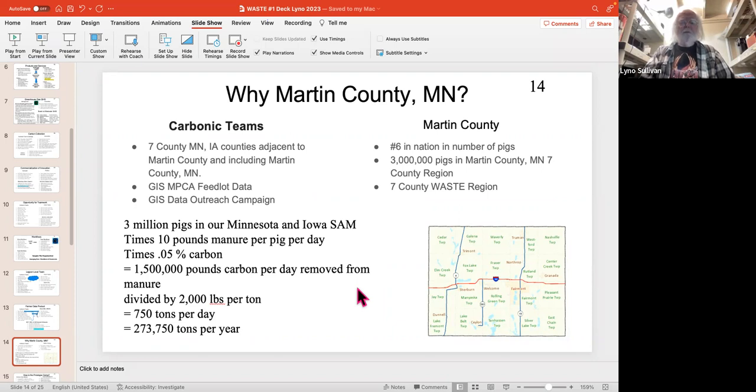Divided by 2,000 pounds per ton, I don't use metric tons anywhere because we live in the USA, that is 750 tons per day of carbon, 273,750 tons per year. And the question becomes, with that kind of volume of carbon, what do we do with it?